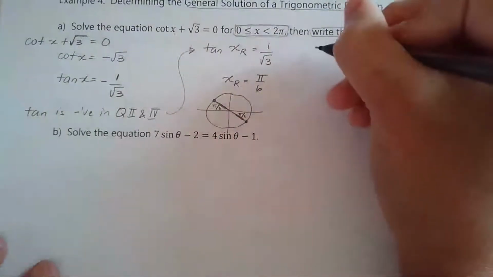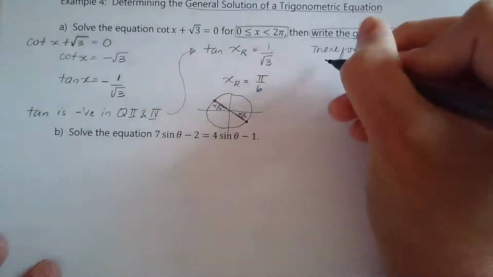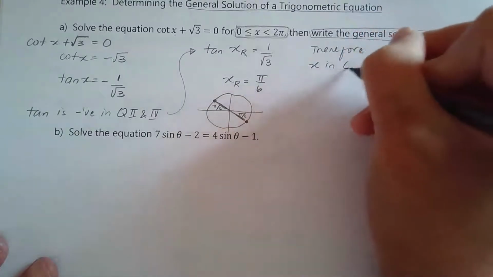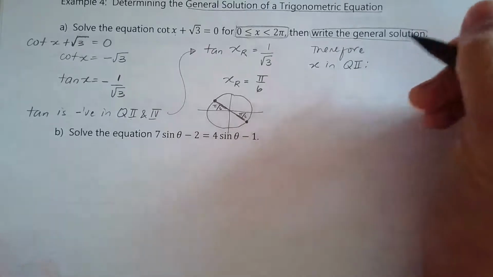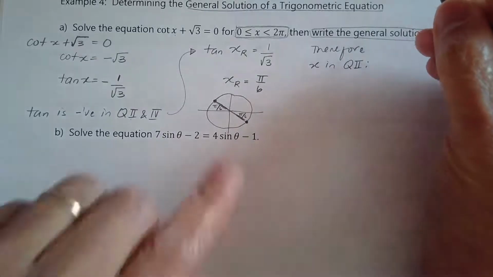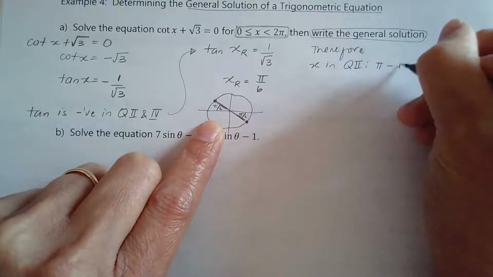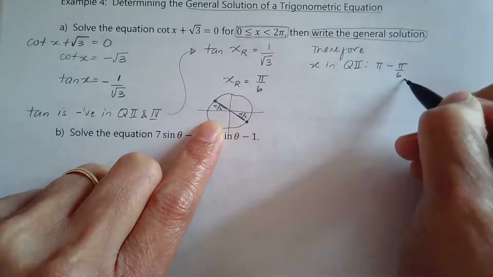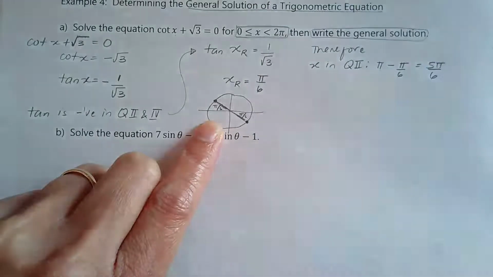So therefore, theta, or x, in quadrant 2 is going to be pi minus pi by 6. So pi minus pi by 6 gives us 5 pi by 6.